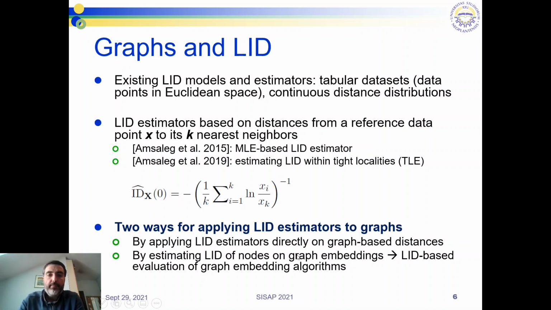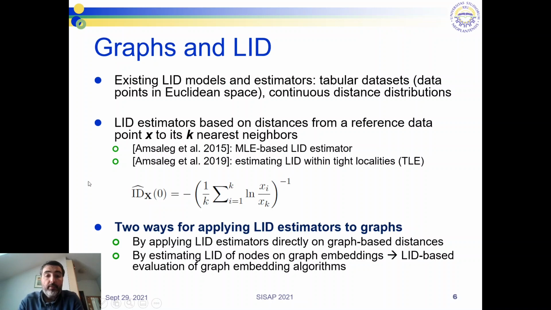So we have the maximum likelihood estimator, and we have an improved version called the tight estimator. This is the formula used to compute the maximum likelihood estimation. The x_i's are distances to the i-th neighbor of a given point, and this quantity is computed, and that is the LID estimate for the given data point.